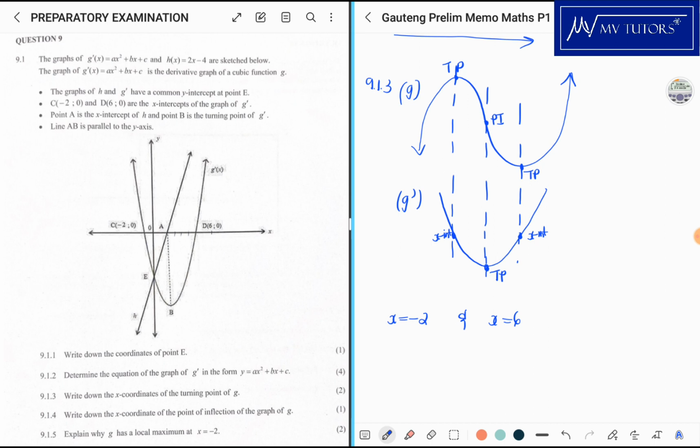Yes, we have minus 2 and we have 6. Cool.